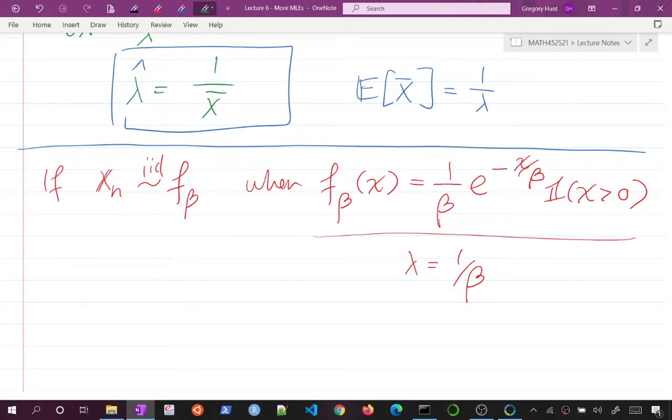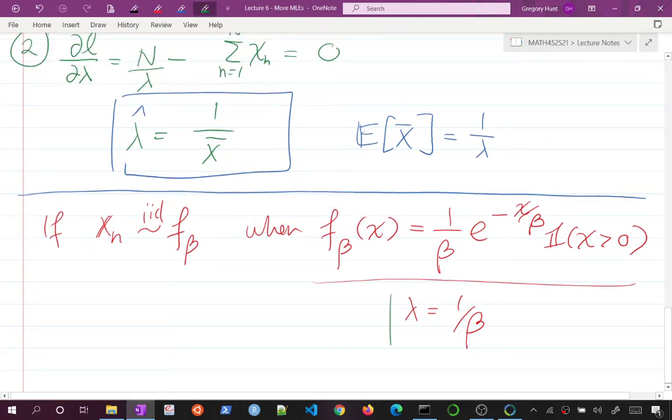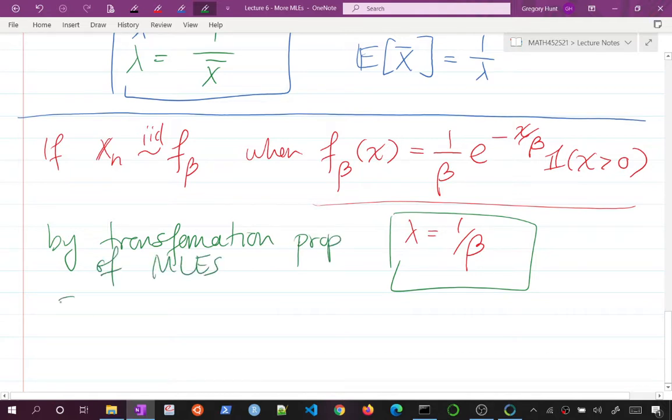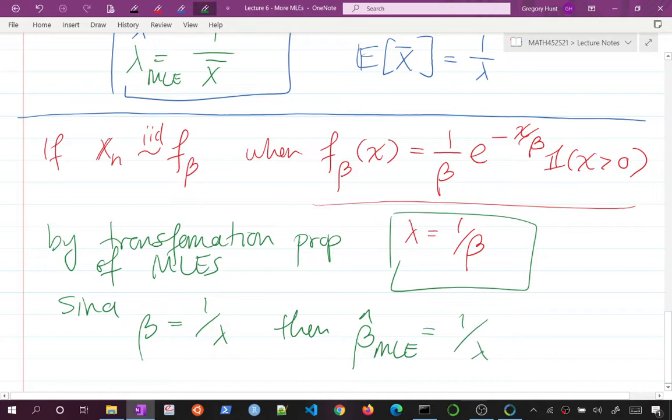If you know that the MLE for lambda is 1 over x bar, and we know that beta is just 1 over lambda, or lambda is 1 over beta, by the transformation property of MLEs, since beta is 1 over lambda, then the MLE, beta hat MLE, is equal to 1 over lambda hat MLE, which is 1 over 1 over x bar, it's x bar.